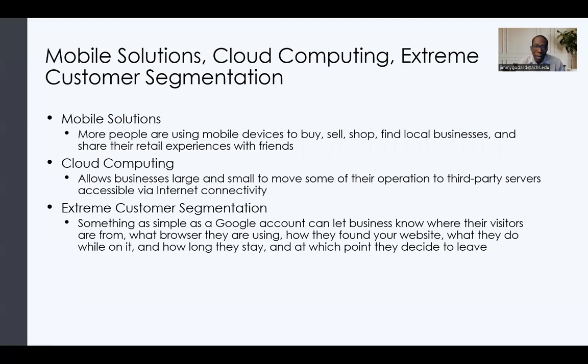We shop on Etsy. We find local businesses and share retail experience with friends. Cloud computing allows businesses large and small to move some of their operations to third-party servers accessible via the internet. Now, cloud computing may appear a little bit challenging for many.